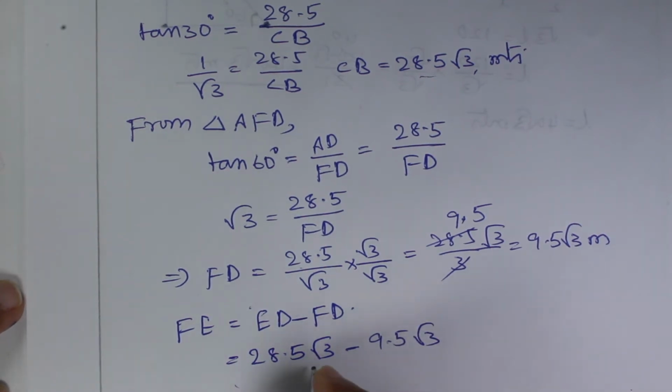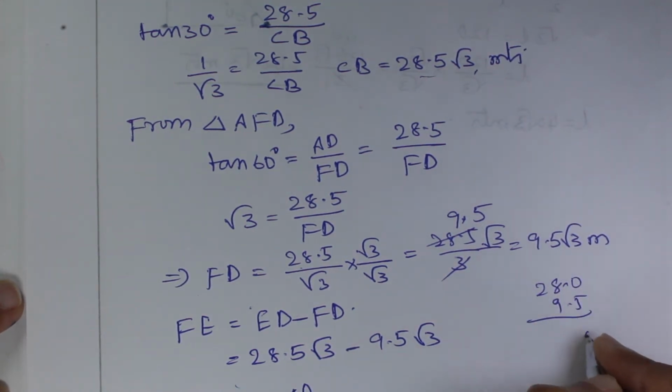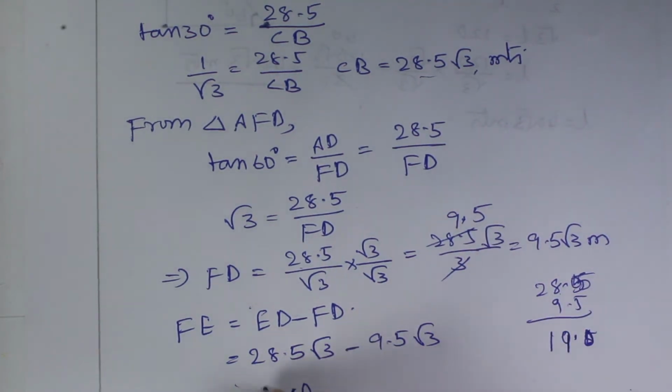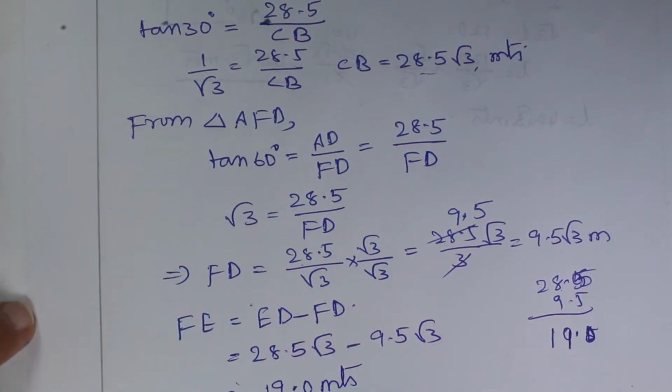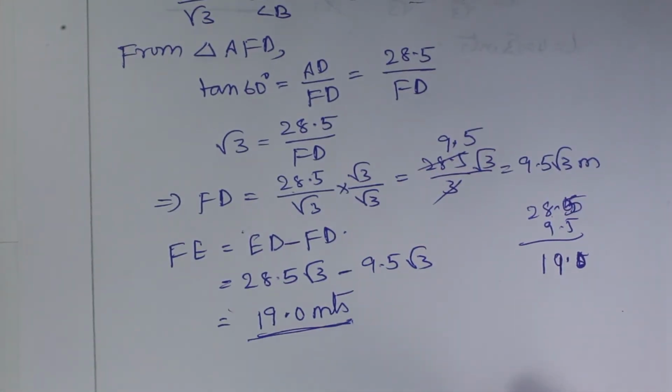That is equal to 19 meters. Okay, so the distance travelled by the boy from the initial position to the next position is 19 meters. Hope this is clear for you.